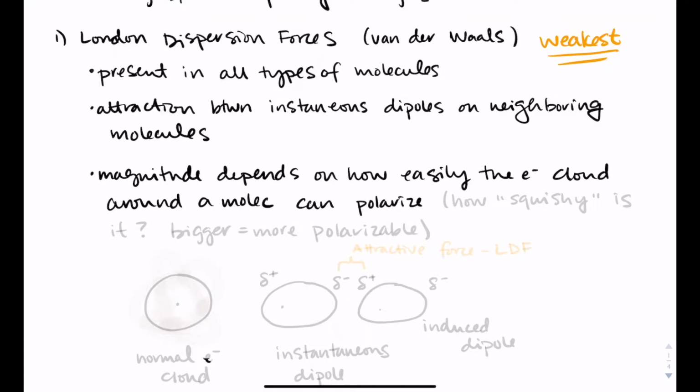What that looks like in terms of a picture: if I have my normal electron cloud, I've got some atom, and my electrons are moving around outside it. At some given point in time, all of those electrons could be squished over to one side more than the other. This would give an instantaneous dipole.